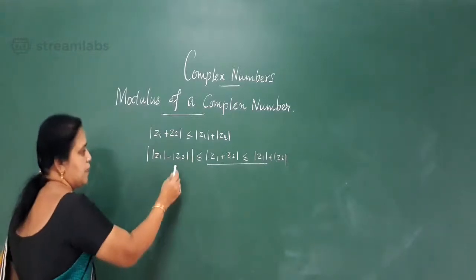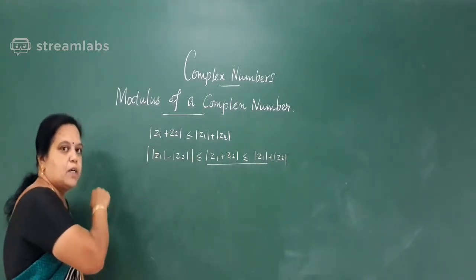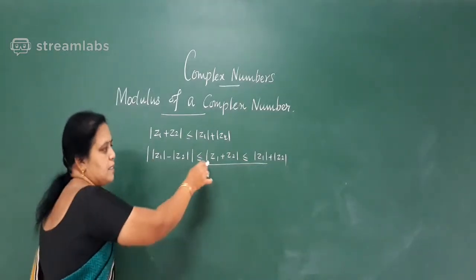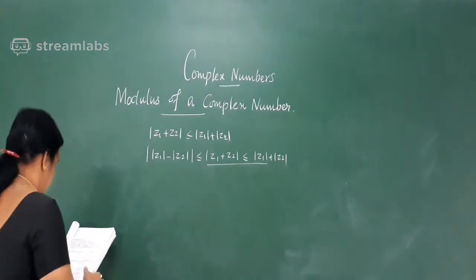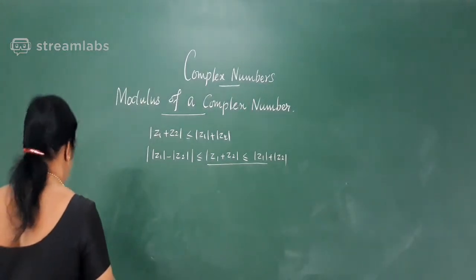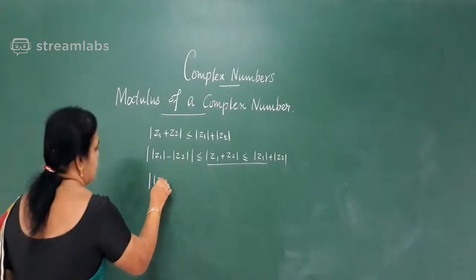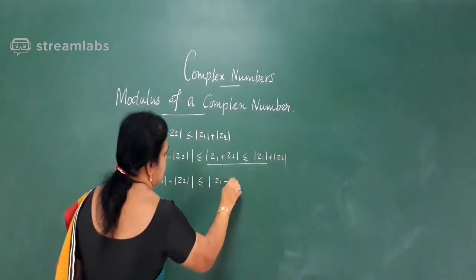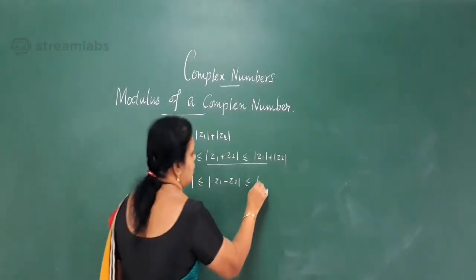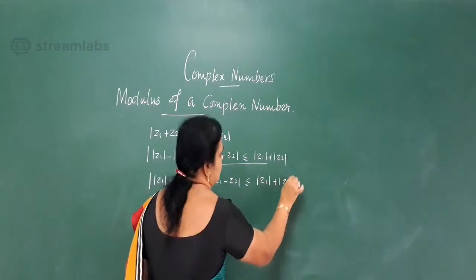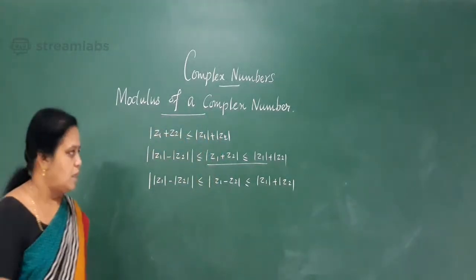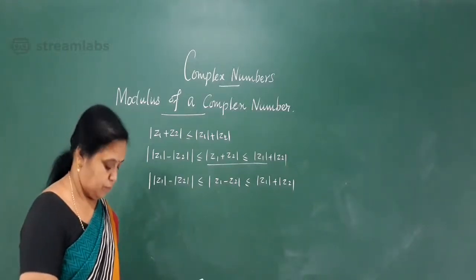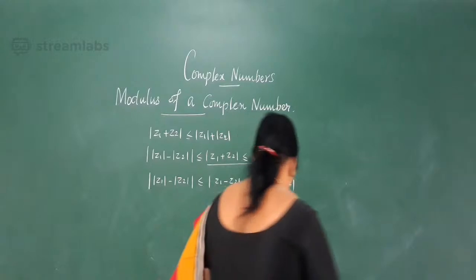Okay, one more thing: modulus of z1 minus z2 is less than or equal to modulus z1 plus modulus z2. By using these results, we are going to find some values in this exercise.